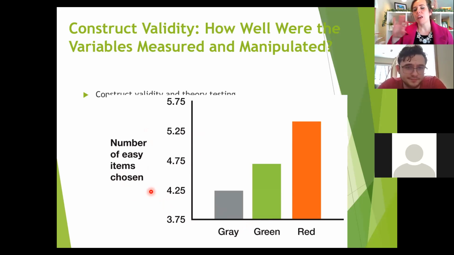So that if students performed far worse with the red ink booklet, it wasn't because they had harder questions, or vice versa, that they had super easy questions compared to the other ones. It needs to be fairly equalized and evenly spread out. So again, this goes back to construct validity: how well were the variables actually both measured and how well were they manipulated. You want to make sure that it's as accurate as possible.